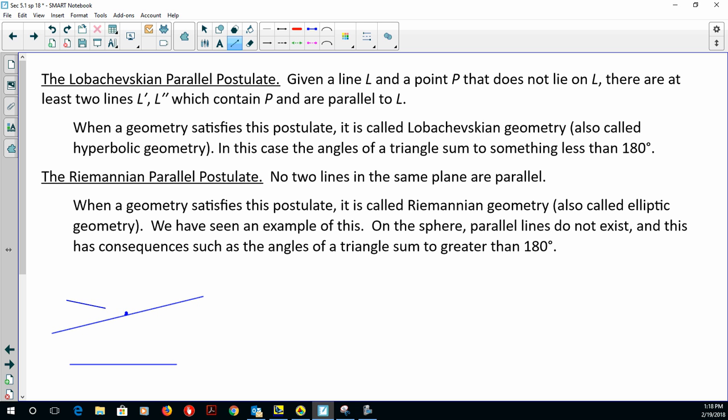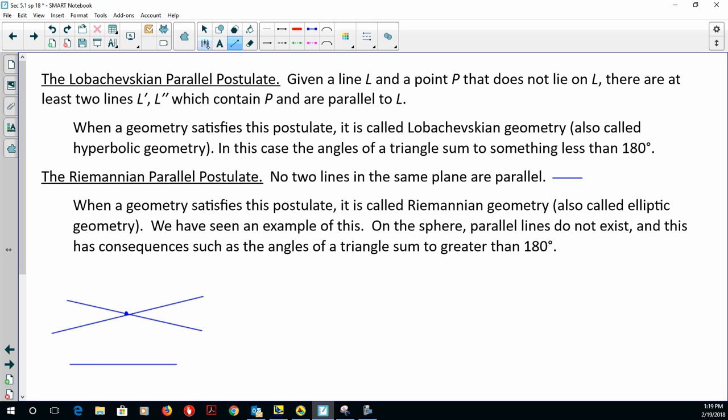Well, that doesn't seem right, but that's another assumption. Actually, the Riemannian one here will do. This is from Bernhard Riemann. It's interesting. It says that there are no such things as parallel lines. No two lines in the same plane are parallel. Now this seems very strange, but we're going to do an example of this toward the end of the semester that actually makes a fair amount of sense.